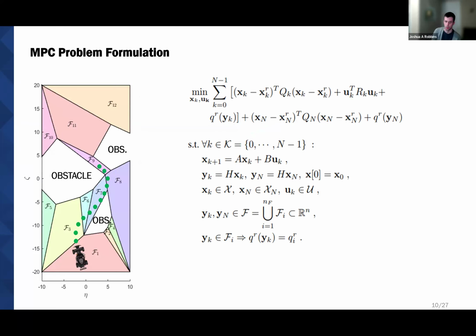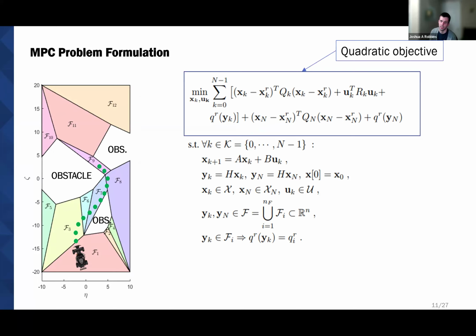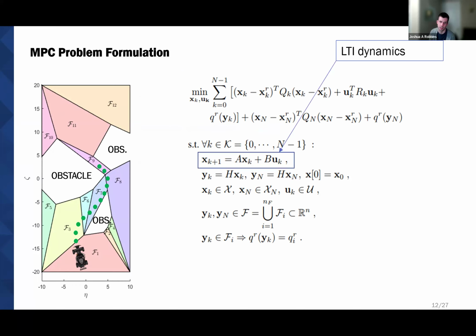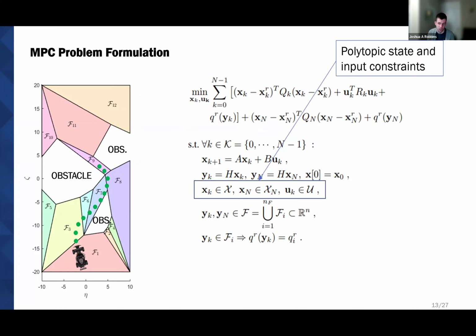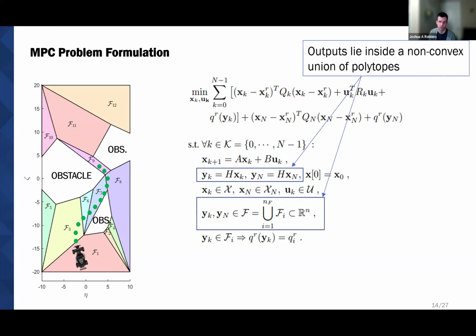Okay, so now getting into our MPC problem formulation. We have a quadratic objective, LTI dynamics. We additionally have polytopic state and input constraints, which we represent as constraint zonotopes in our formulation, but I won't go into detail on that here. We require that the outputs of the system lie inside a non-convex union of polytopes.